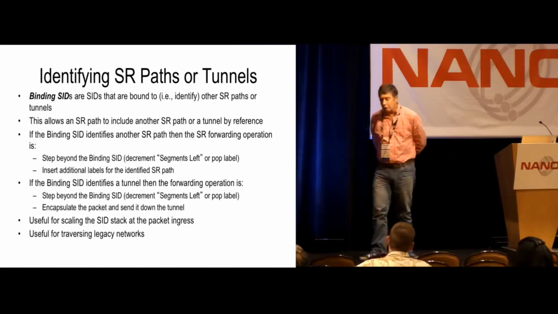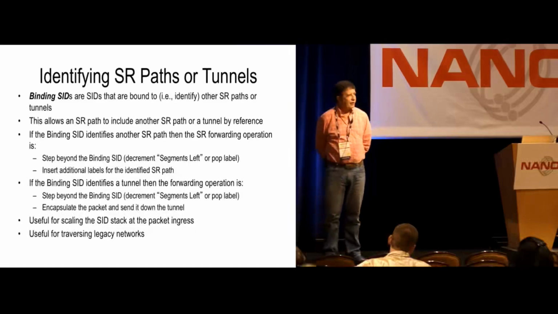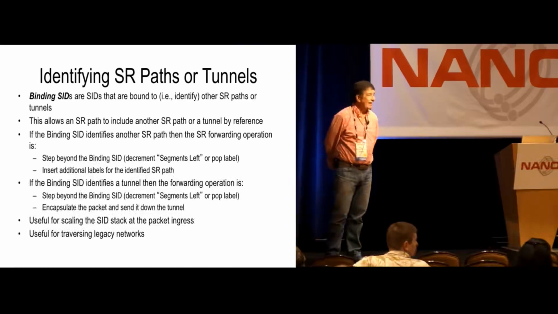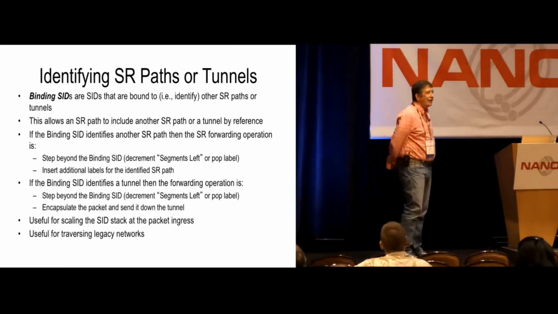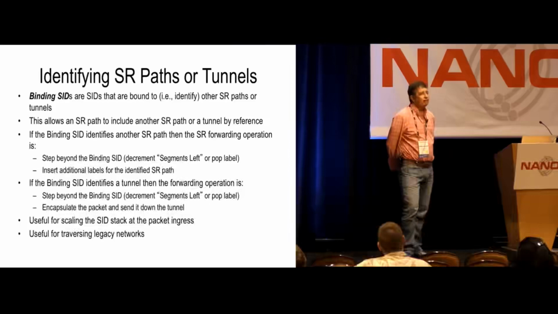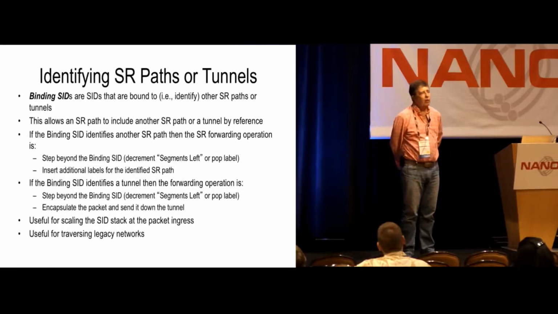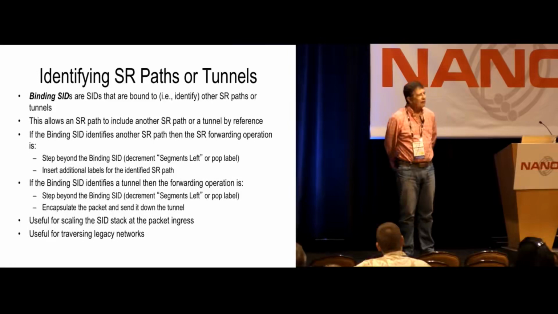Now, let's talk about a really good use case for this. Let's say for a minute you have a traffic engineered path that has 5 hops in it. 10. 10. I like it even better. And let's also say that you build one segment that brings you along the first 5 hops.